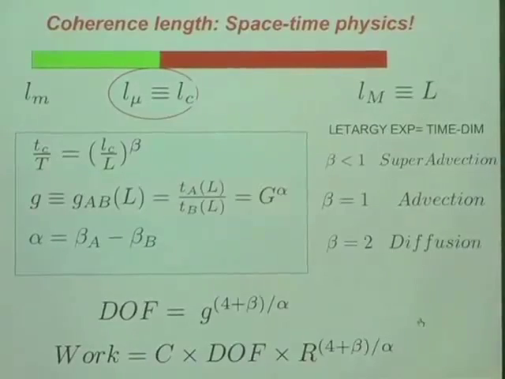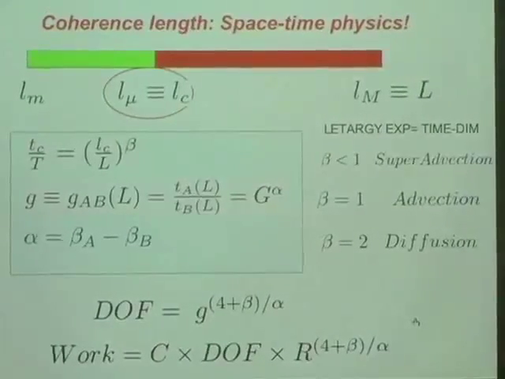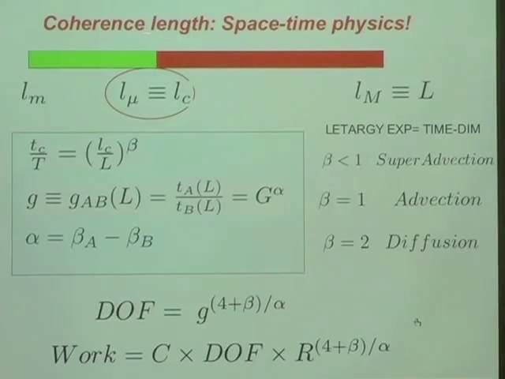The other point is that I insist so much on the coherence length because I think it's really a fundamental notion for multiscale. And I want to show you now how you derive it depending on the different physics. Of course, it depends on the specific space-time physics you're dealing with. Let me take a general perspective.